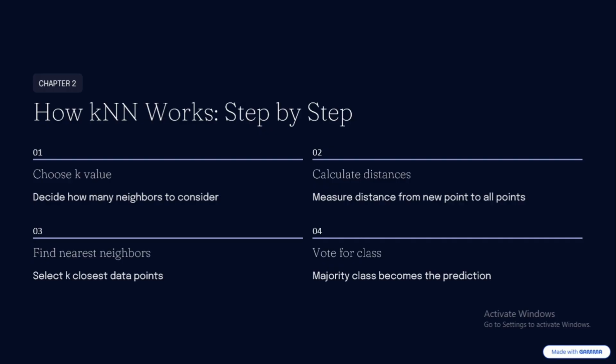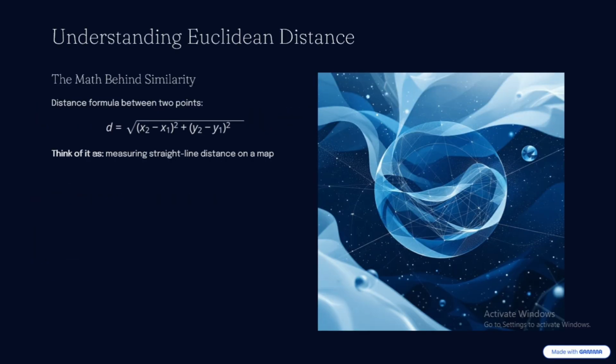Step 3. Find nearest neighbors. We pick the k closest points. Step 4. Vote for the class. The class with the maximum votes wins. That's it. Simple, logical, and very human-like decision making.